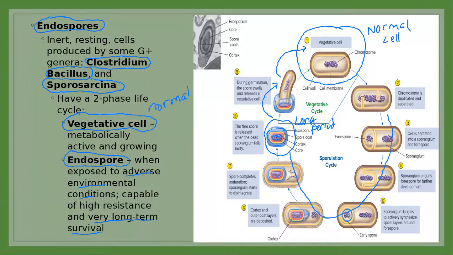So this is a special structure of some bacteria, which is endospore. They have two types of life, the vegetative type and the endospore type.